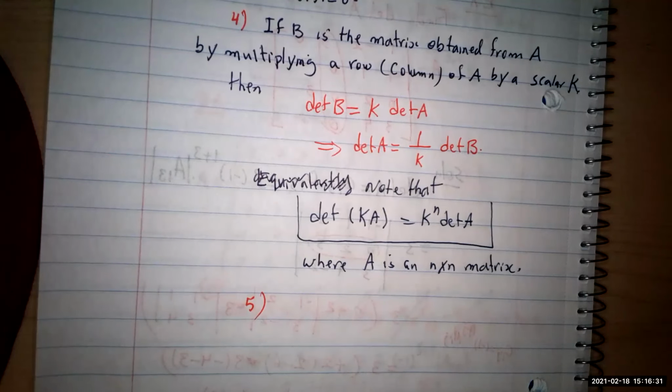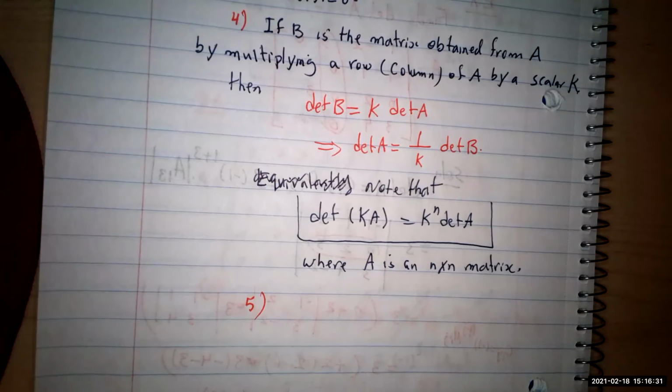You multiply the first row by 2, you add it to the third row. If you do this, everything will stay the same. Then the determinant of B, the resulted one, is the same as the determinant of A.